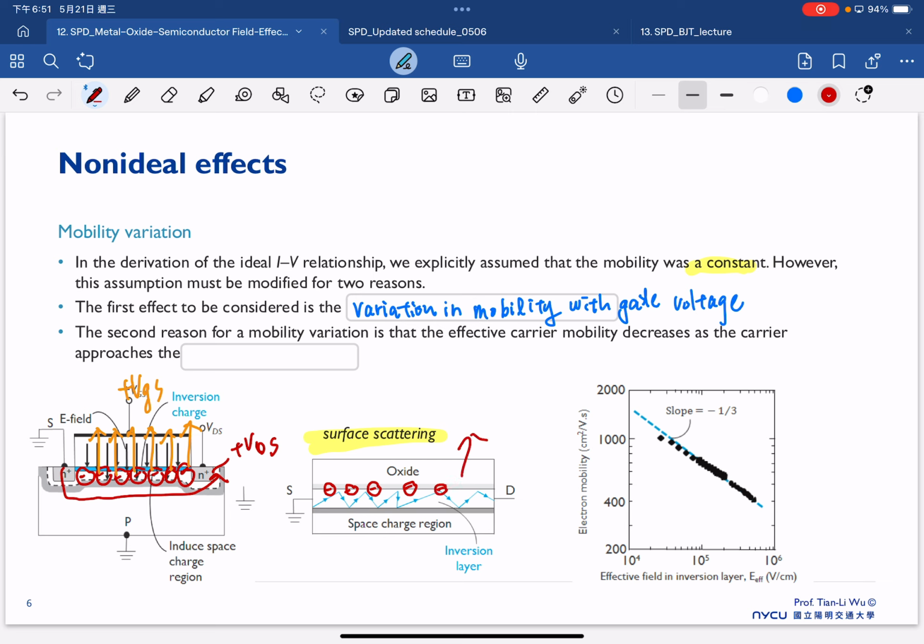So these are electrons trapped by the defect, or, as we said previously, the interface state.